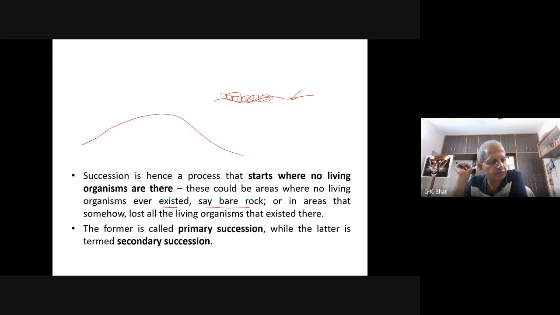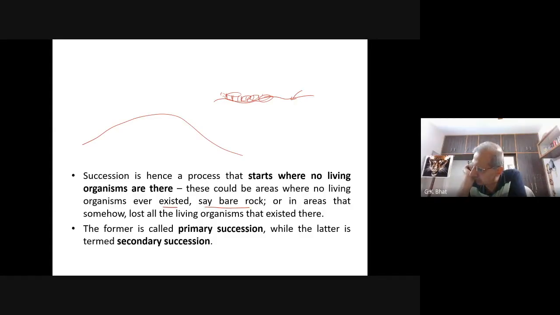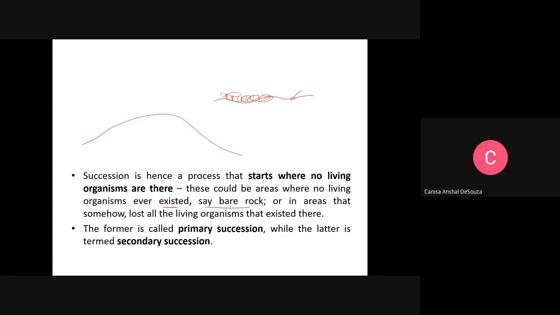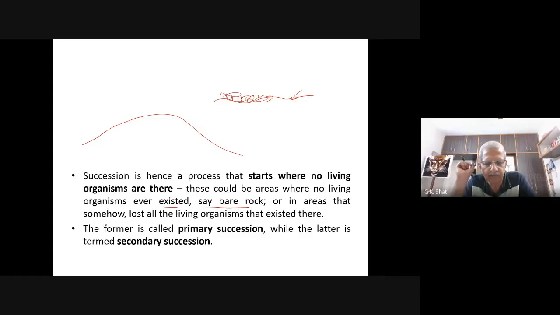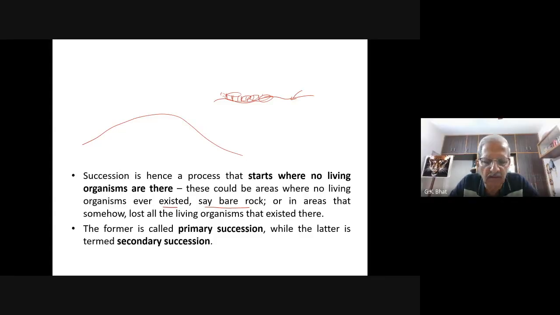Kanisa? Yes, sir. What is succession? There will be a place where there are no living organisms, and slowly they exist.